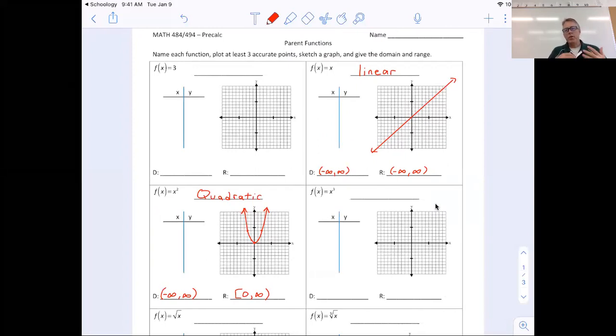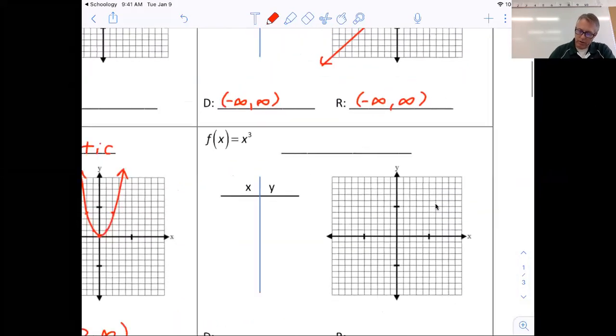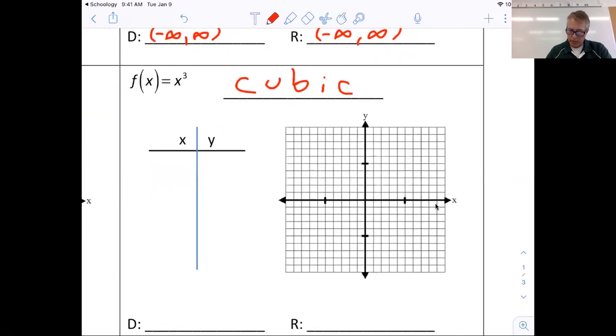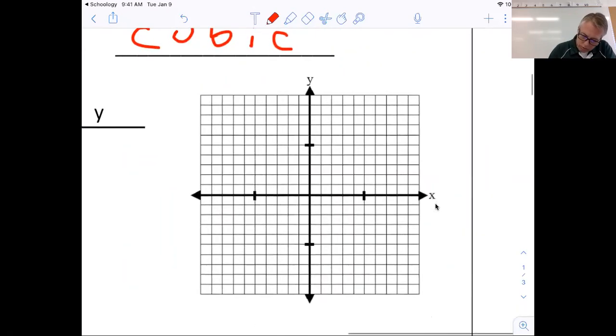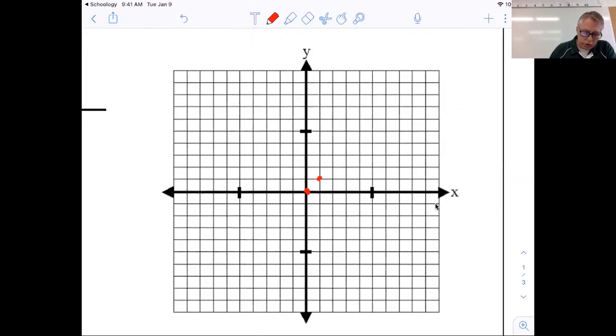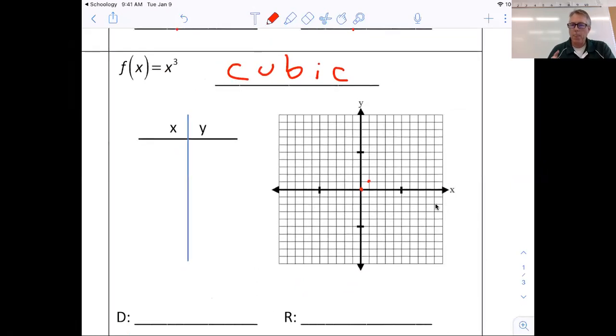So I'm just trying to give you guys a couple of key points to put down. You know, we don't need to make a whole chart of a bunch of different values, but a couple of key important values. So for the x to the third, that is a cubic. Here's what it looks like. Okay, that cubic function also goes through the origin. And we also go over 1 and up 1, just like the quadratic.